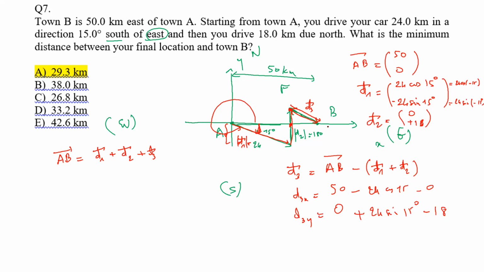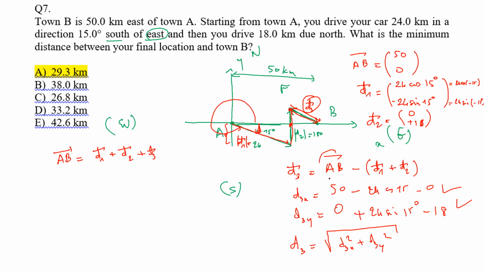Okay, so I know the magnitude and direction of D3. Now, once I get it, I know the components of D3. The distance D3 that I have to cover in order to end up at B is just the square root of D3X squared plus D3Y squared. Okay, good.